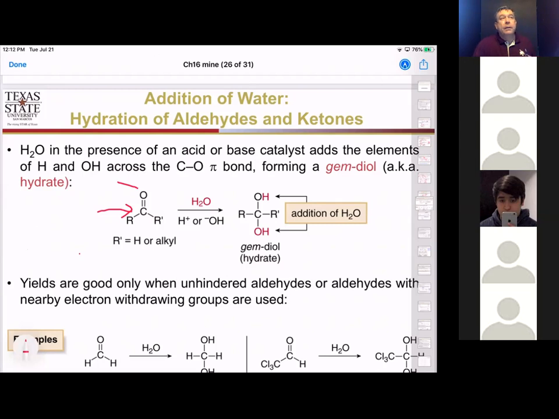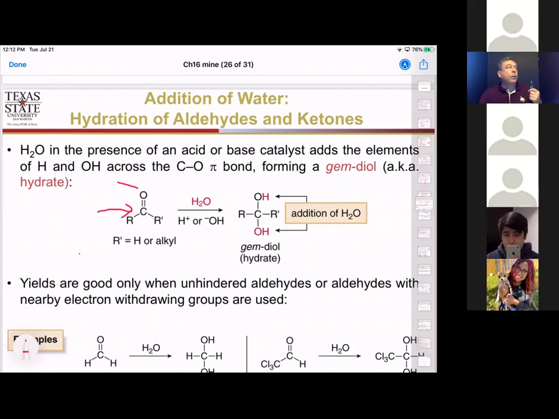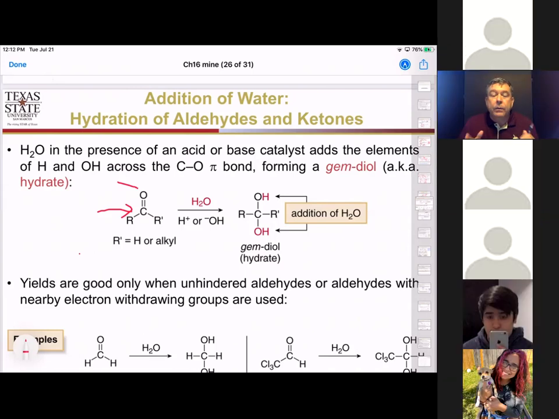So in the overall scheme of things, this hydrate is only really practical for mostly aldehydes, and especially aldehydes with electron withdrawing groups, because there's a steric component there, and there's that electronic component there.